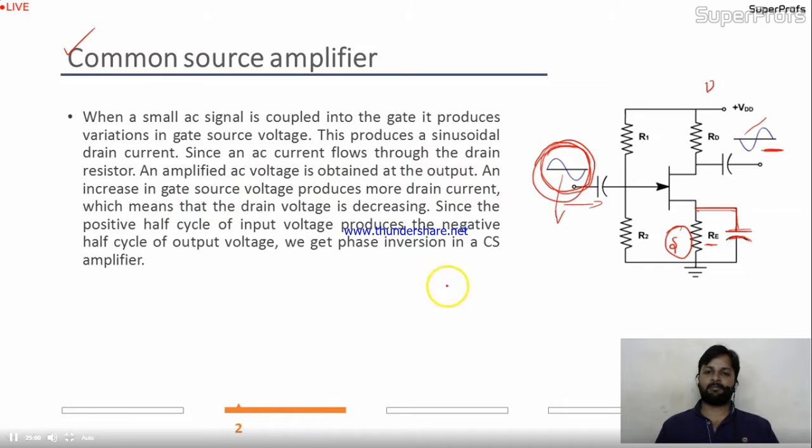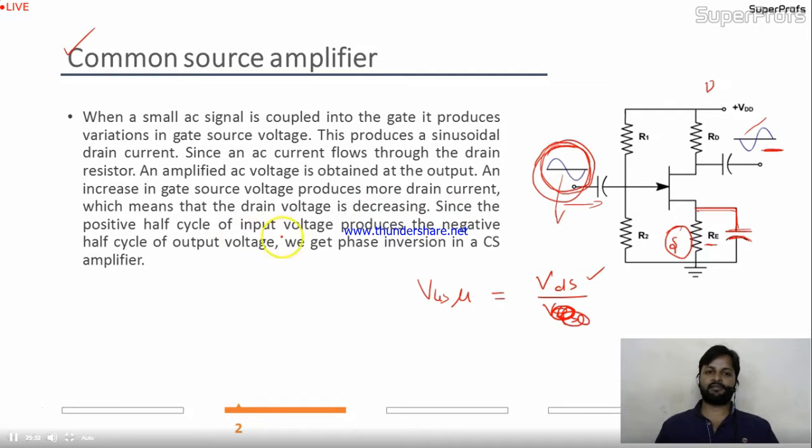An increase in the amplification will be by the factor of mu. We have seen mu is nothing but VDS divided by VGS. So your VGS will be multiplied with mu and you will get the output. An increase in gate source voltage produces more drain current, which means that the drain voltage is decreasing.